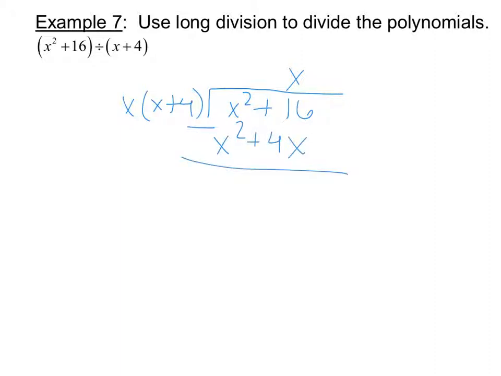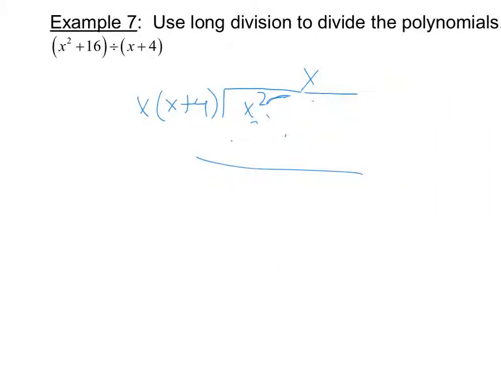X squared minus x squared is 0, but 16 minus 4x, you can't. See how you don't have anything with x to the first in here? So what we need to do, we need to write this like x squared plus 0x plus 16. Okay? If it's not there, you got to fill it in, because now watch.